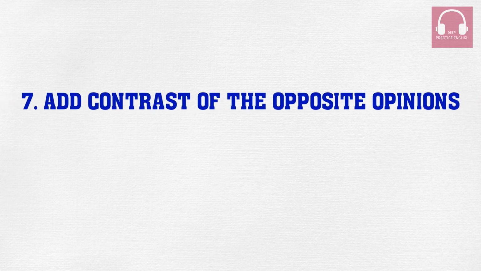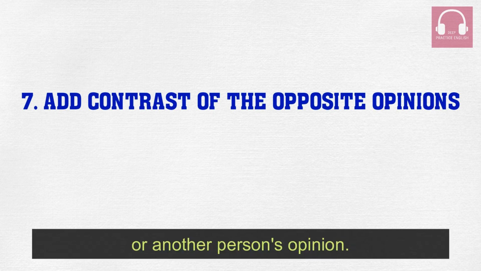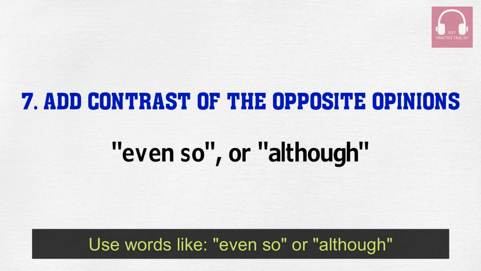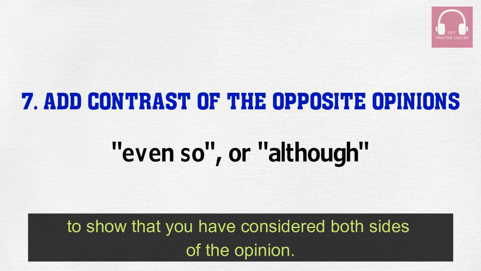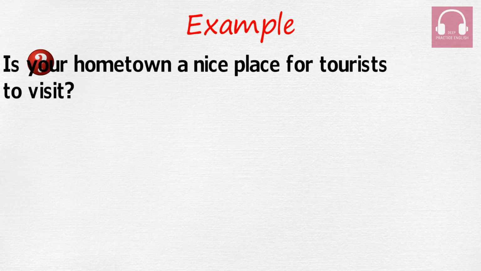The next trick is to add contrast of the opposite opinions. You might be asked a question where you have to talk about your opinion, or another person's opinion. Use words like, even so, or, although, to show that you have considered both sides of the opinion. Let's look at an example for this. Question.